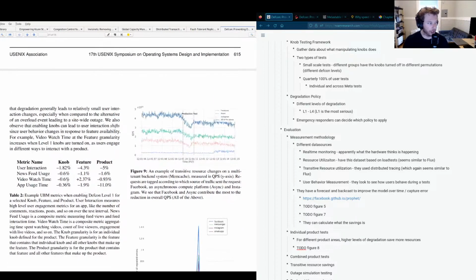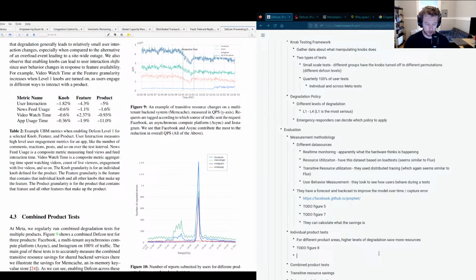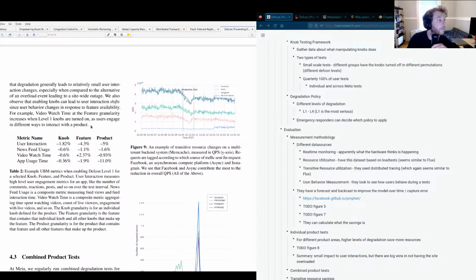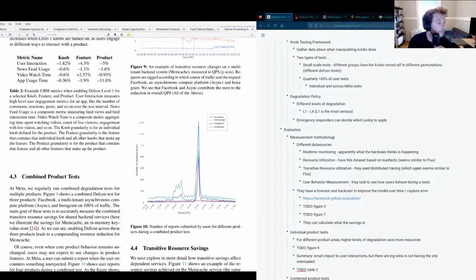So they also say the summary is small impact to user interactions, but big wins in not having the site be overloaded.